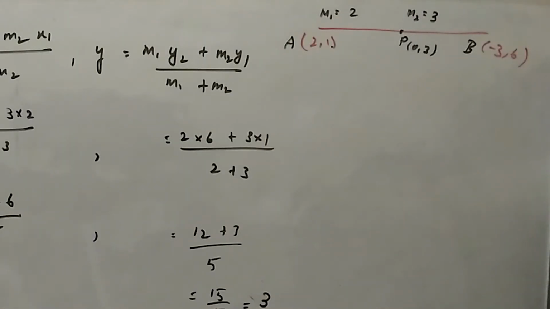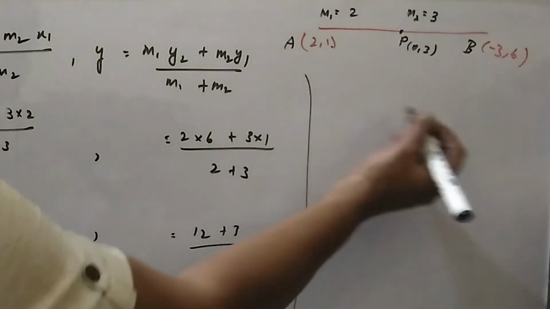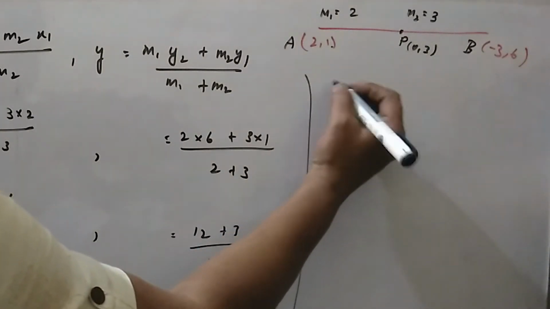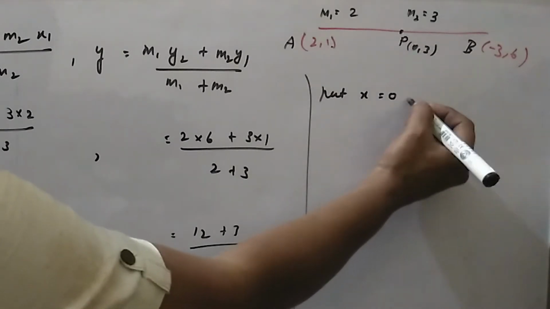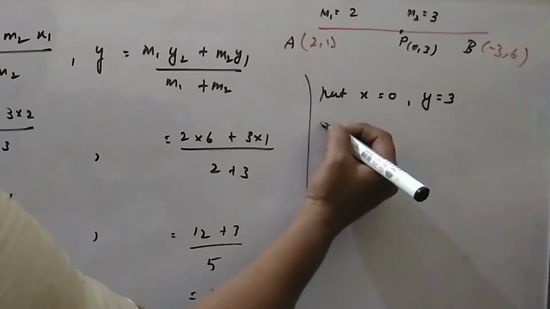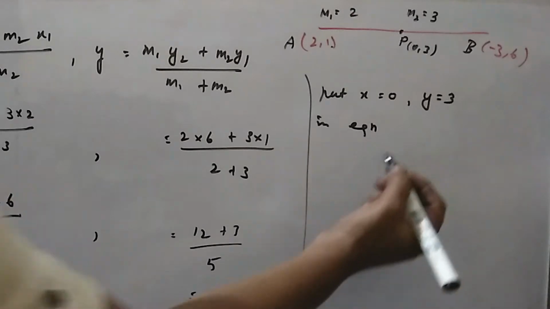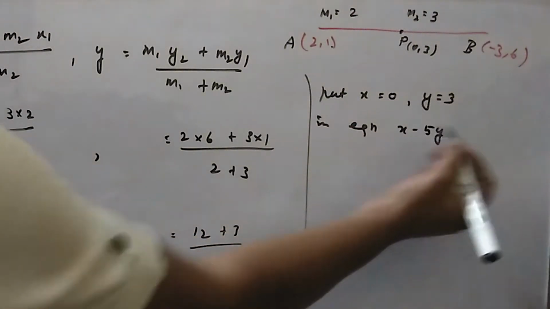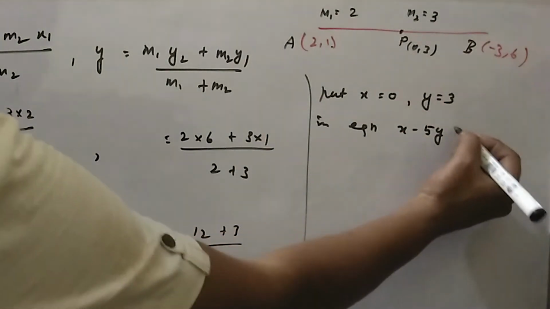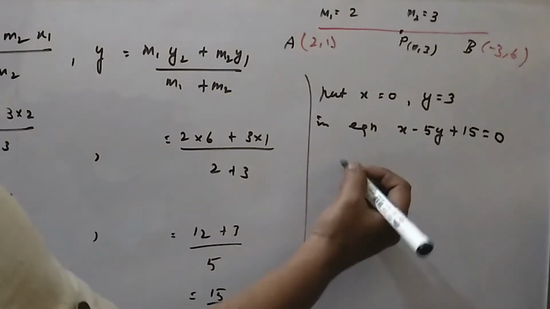Next they said this P lies on the line x minus 5y plus 15 is equal to 0. So check. Put x is equal to 0 and y is equal to 3 in the equation x minus 5y plus 15 is equal to 0.